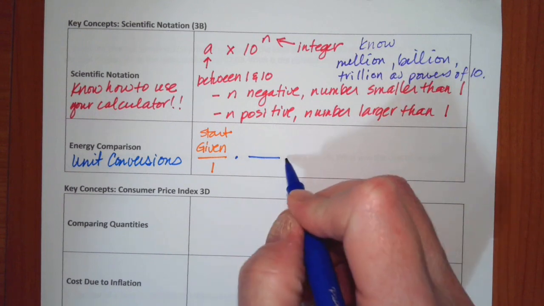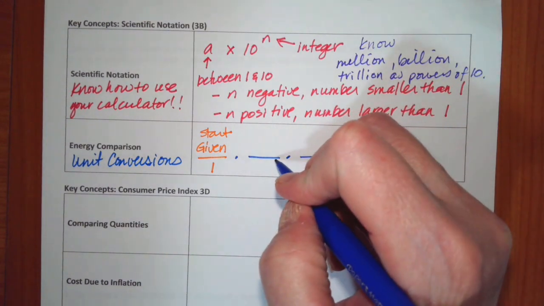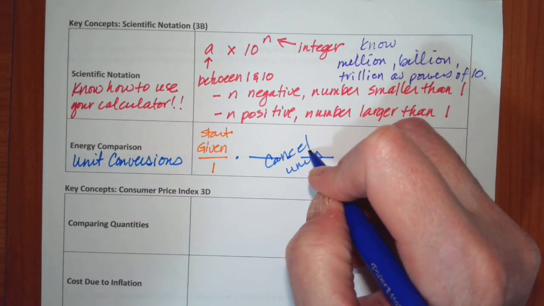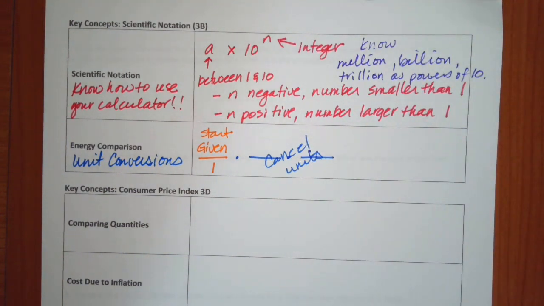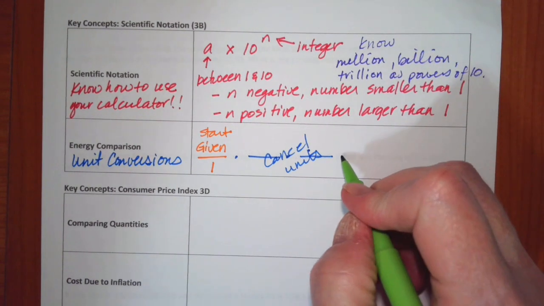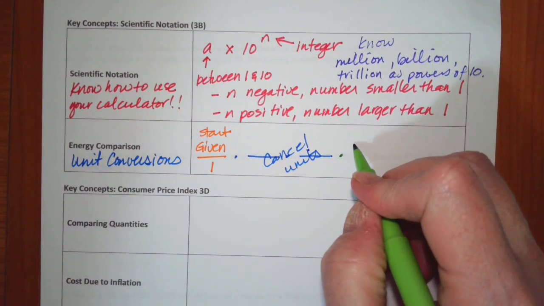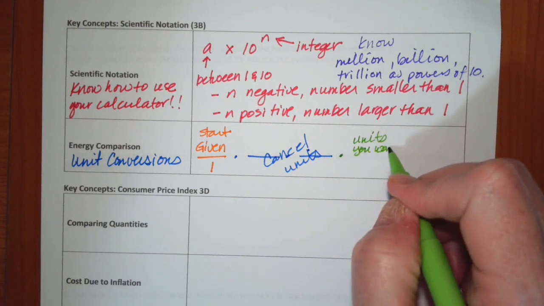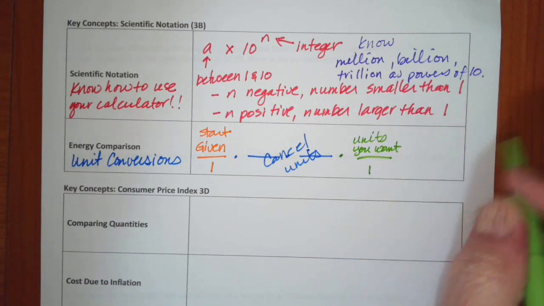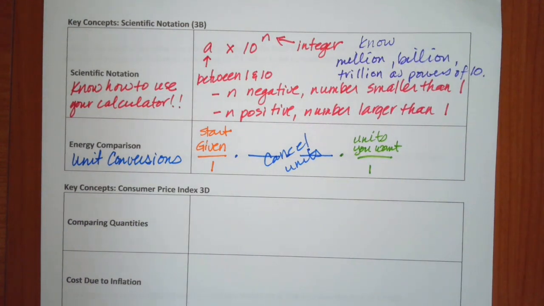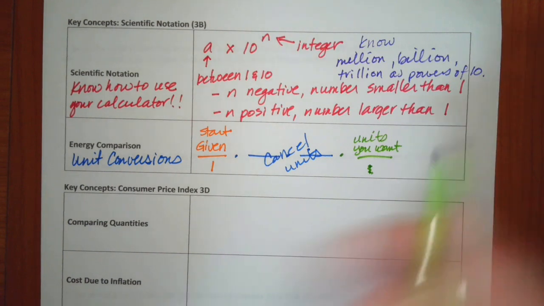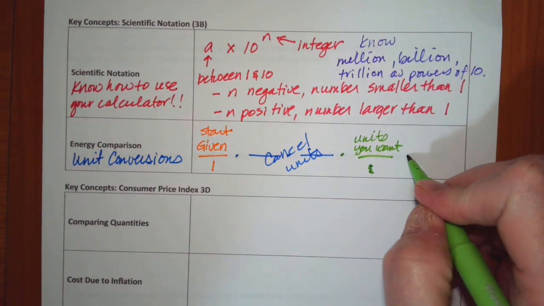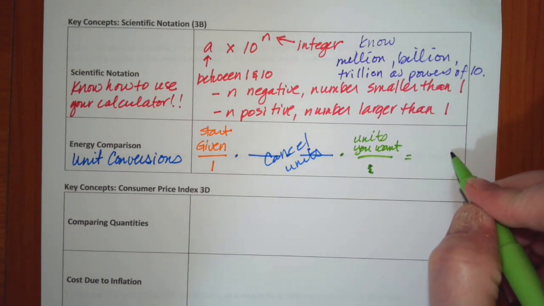Then you are going to go in here, and however many times you need to, you are going to cancel units until you get to the units you want over 1. Or it may not be over 1. It may have a denominator. And then that will equal the units you want.